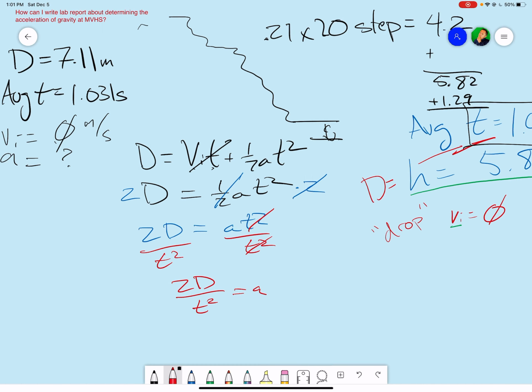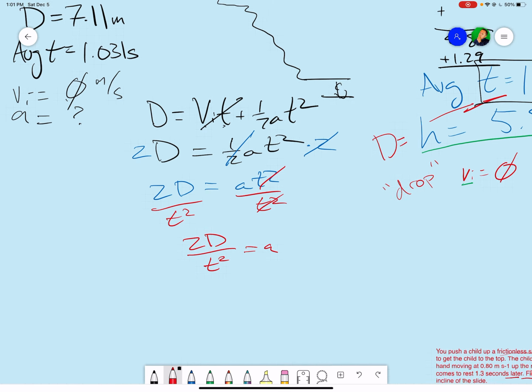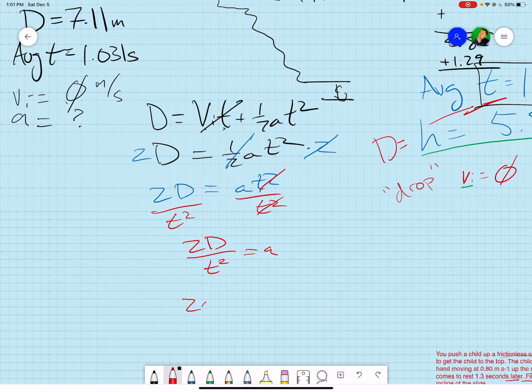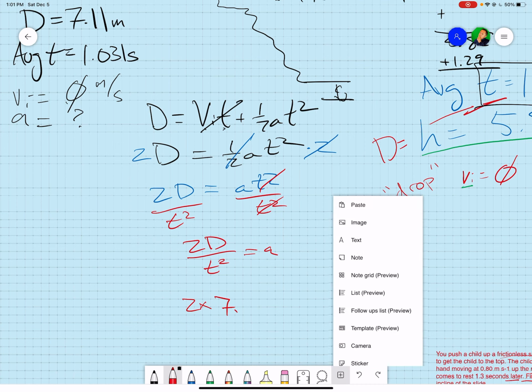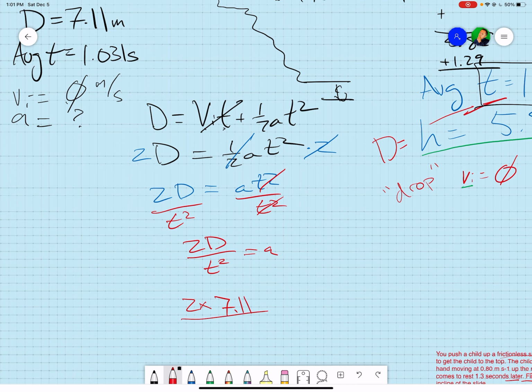All right, so then we plug in our numbers. So we have 2 times 7.11 divided by 1.031 squared, and we cannot forget to square that value. In my calculator, that'd be the same as writing 2 times 7.11 divided by 1.031 squared, like that.